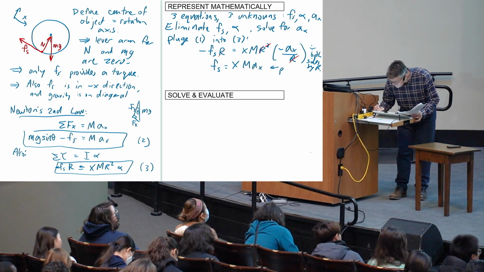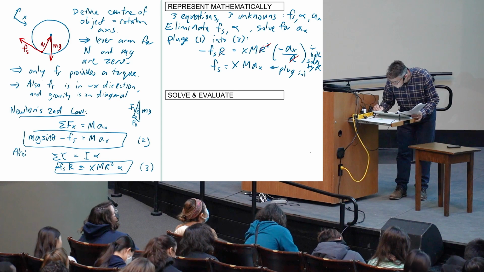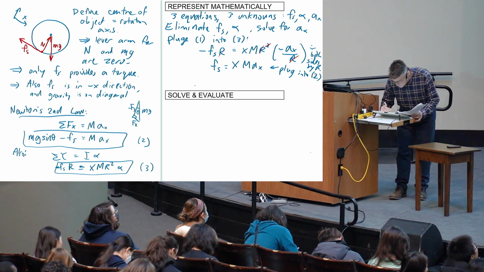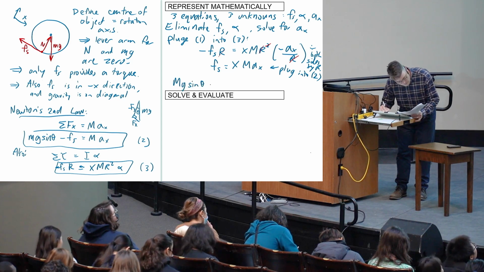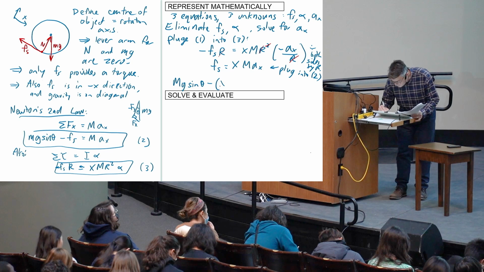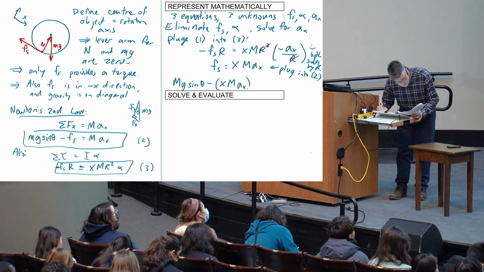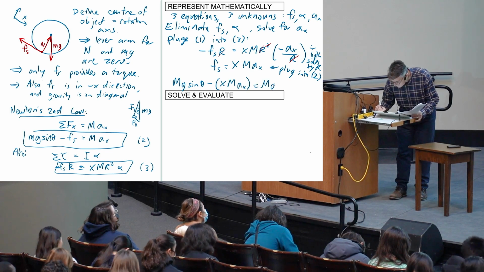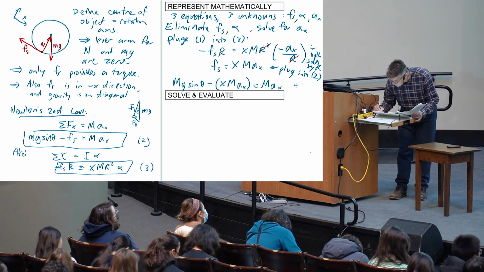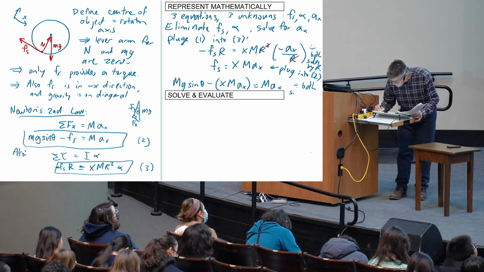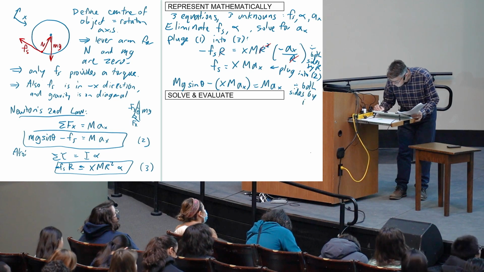And I'm going to plug this into equation 2. So I got m times g times sine of theta minus x times m times A sub x equals m times A sub x. It's easy to get screwed up with the negative signs in this, but divide both sides by m.